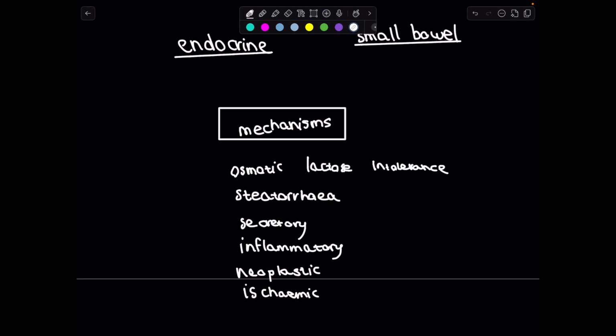Secretory diarrhea involves excessive water and electrolyte secretion into the gut, caused by toxins, e.g. cholera, or hormones, e.g. VIPomas, resulting in high-volume, watery stools that persist even when fasting, risking kidney strain in sickle cell disease.